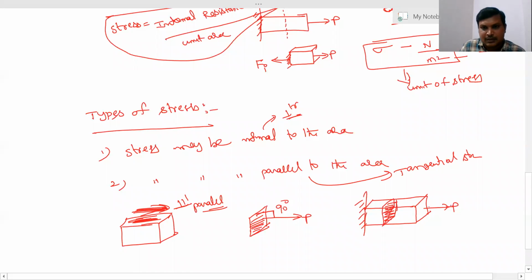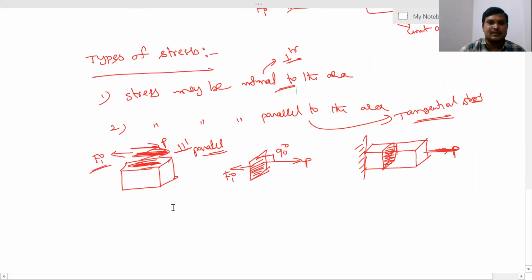Here also a force P is applied, and to withstand this force there will be an internal resistance force generated like this. So this internal resistance, parallel to the area, is called tangential stress. Normal to the area is called normal stress.